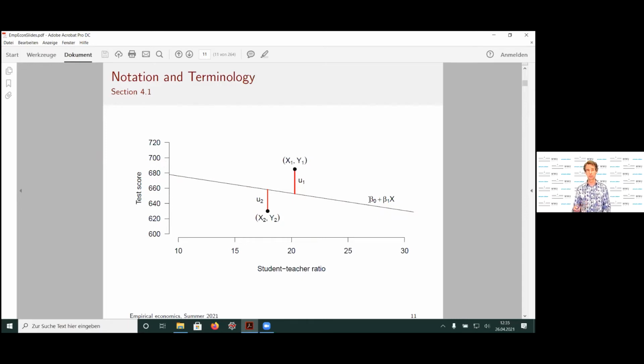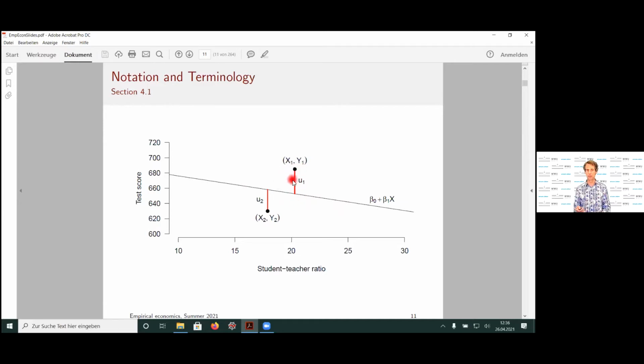We have 2 points, so x1 and y1. x1 would be slightly larger than 20, and y1 would be 680 something. And you can see that this point, this black point here, is not exactly on the regression line.